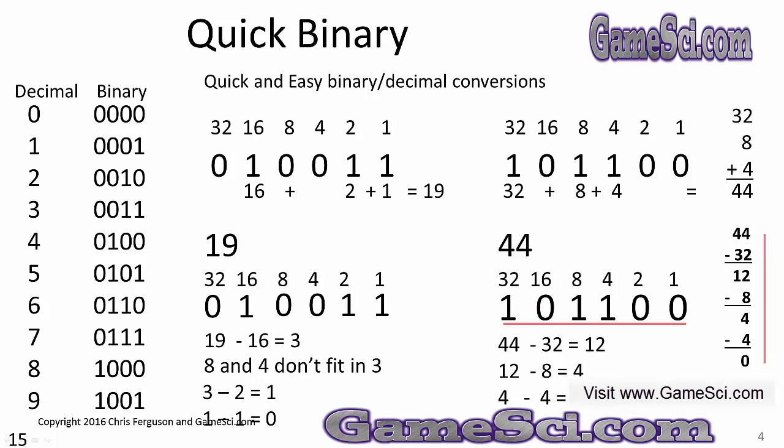I'll put a 1 under the 8 because I subtract 8 from 12. I'll put a 1 under 4 because the 4 that's left over fits into 4 quite nicely. That gets me to a 0, so I'll zero out the rest of the binary number. Decimal 44 converts to binary 101100 in a fairly quick and easy way if I write down my powers of 2 backwards.